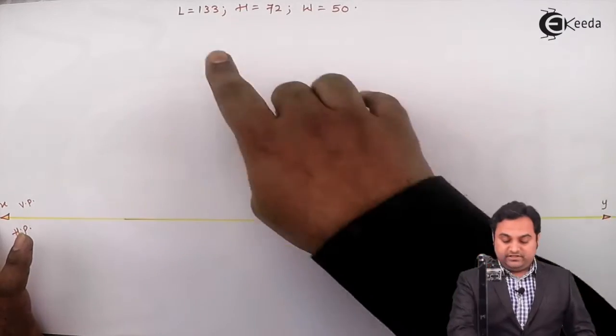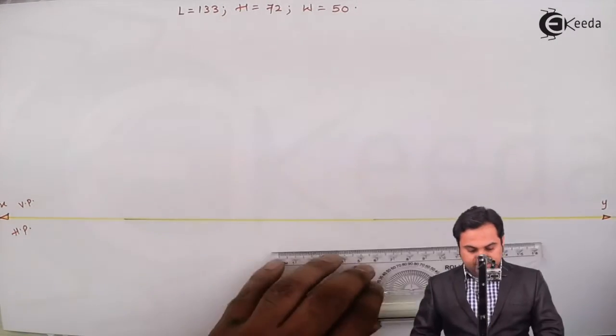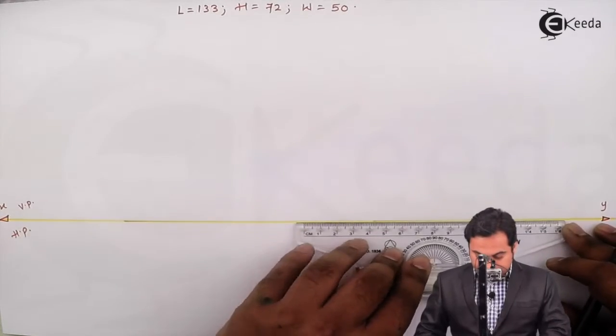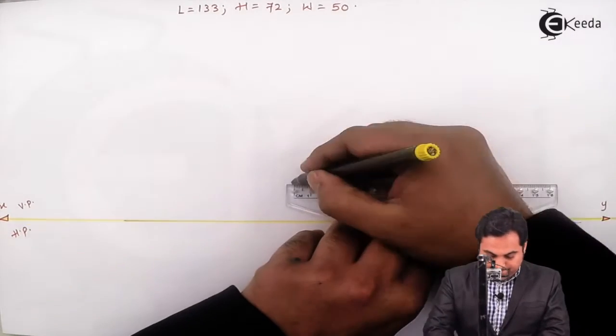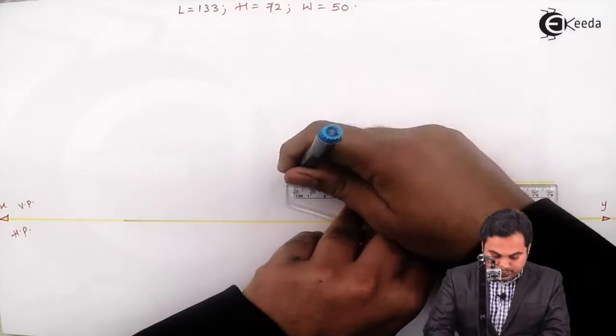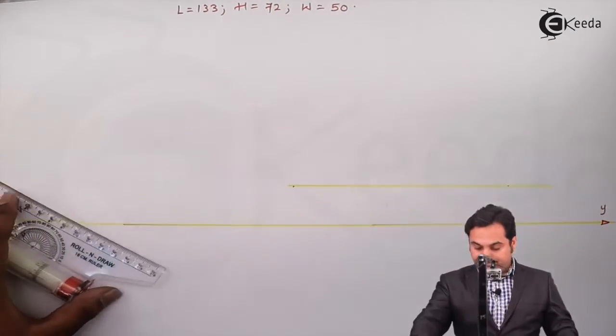Now from the front, the length and height are visible. So first I'll take the length as 133 mm. And the height is 72 mm.